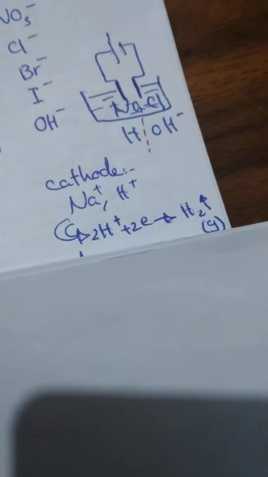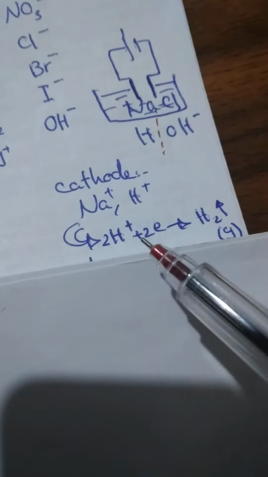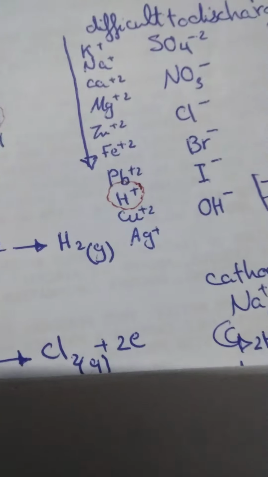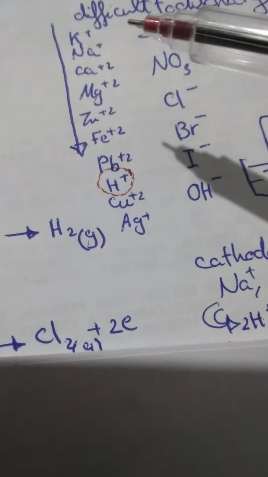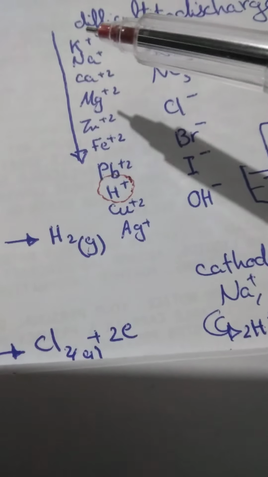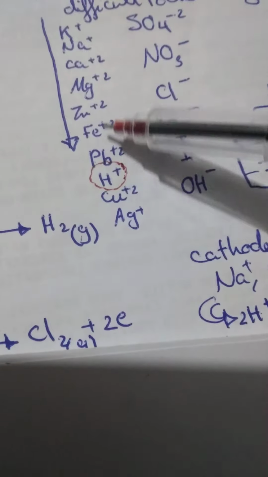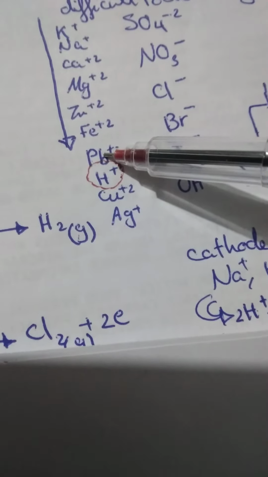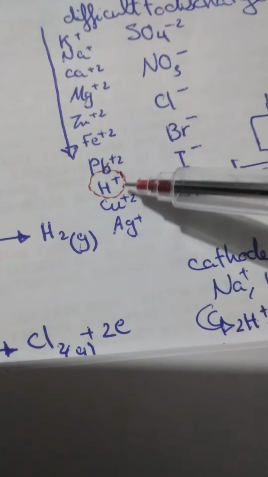Once again, the reactivity is controlling the discharge, and we can know the expected discharge of positive ions through the electrochemical series, where all ions are not discharged or are difficult to discharge in preference to hydrogen.